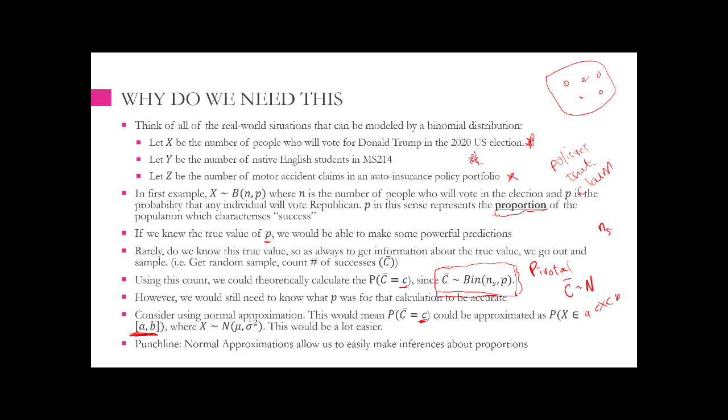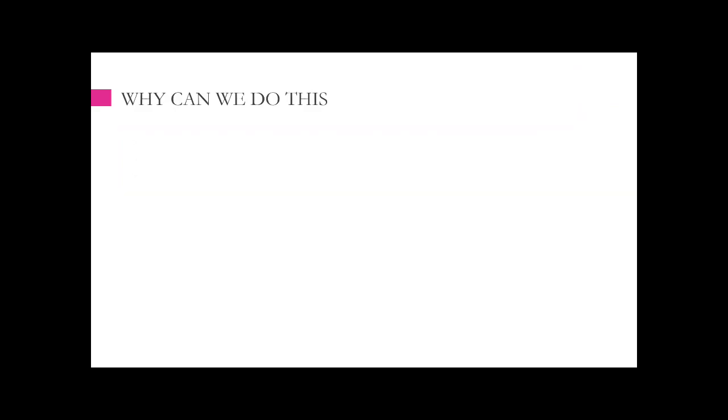Okay, so why can we approximate this binomial as a normal? Why can we use this approximation? In order to understand this, we need to go back to the central limit theorem.